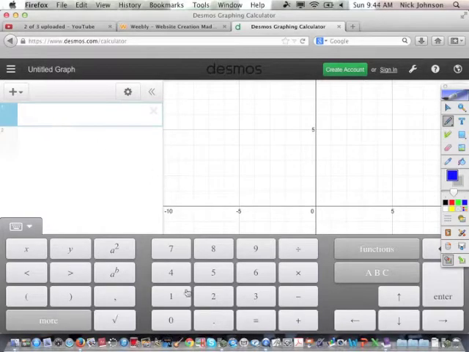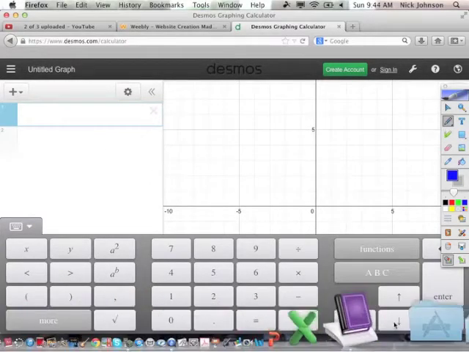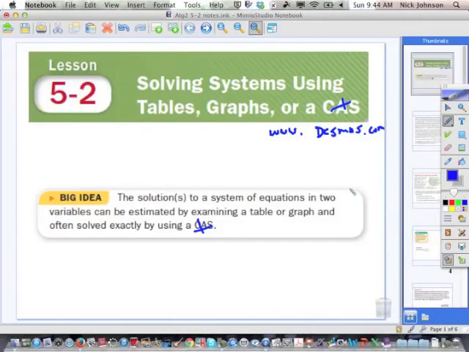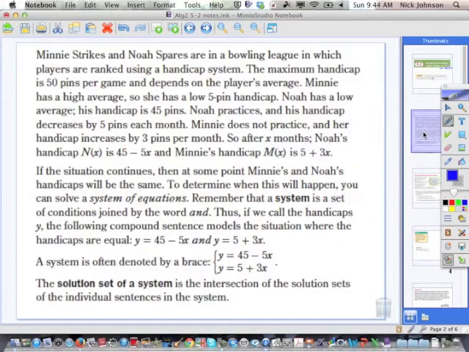So, going back to our 5-2, it says many strikes and no spares are in a bowling league in which players are ranked using a handicap system. The maximum handicap is 50 pins per game and depends on the player's average. Minnie has a high average, so she has a low 5-pin handicap.